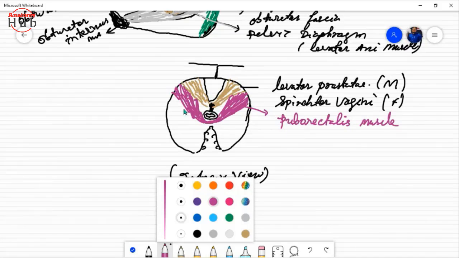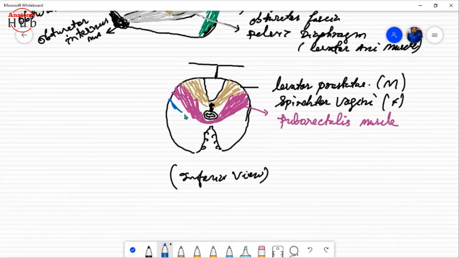Like that, here you'll find another muscle. That muscle is coming from this ilium towards the coccyx over here, right? So here we'll find another muscle. So this muscle is your iliococcygeus muscle, right?